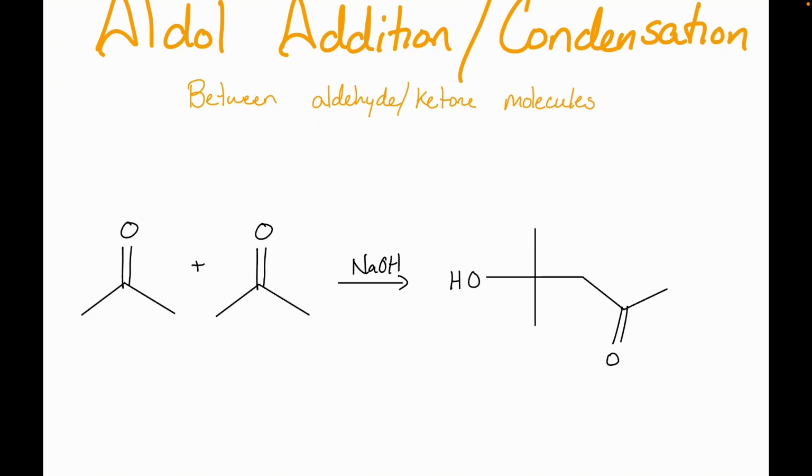Standard operating procedure. I have 1, 2, 3, 1, 2, 3, 4, 5, 6, 4, 5, 6. So check, I've got the same number of carbons on both sides. I've just joined these two acetone molecules together.